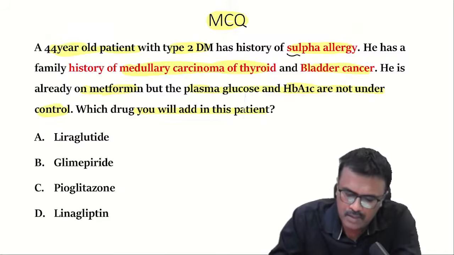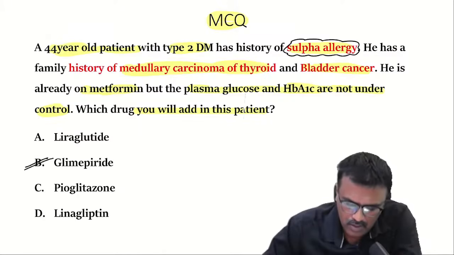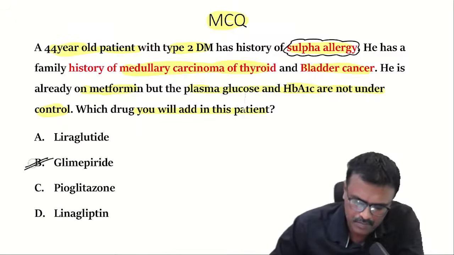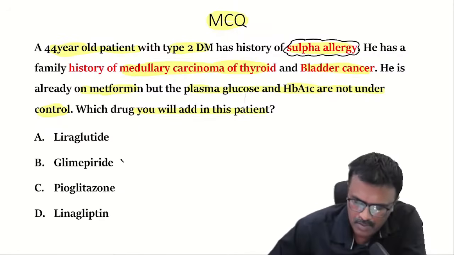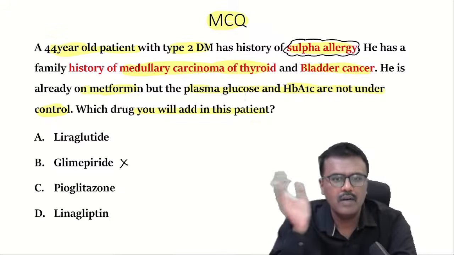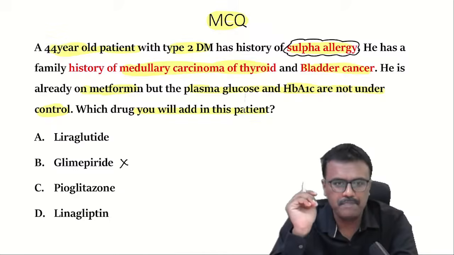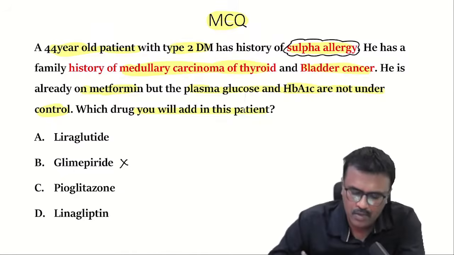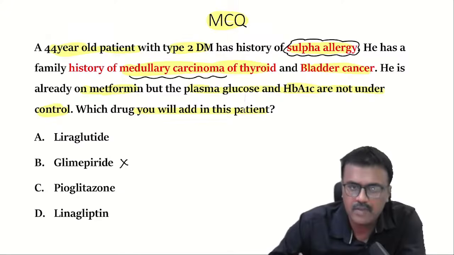So sulfa allergy, patient is diabetic but has sulfa allergy. So which drugs can I not give? Glimepiride I cannot give, because they're all sulfonylureas, and the patient is already allergic. Now, history of medullary carcinoma of thyroid is there.